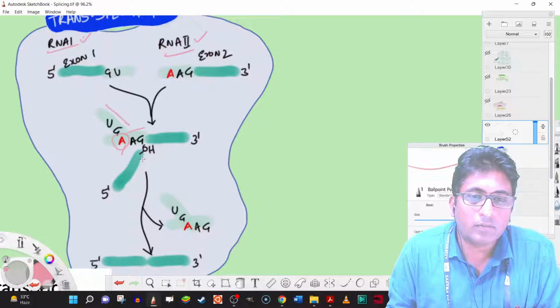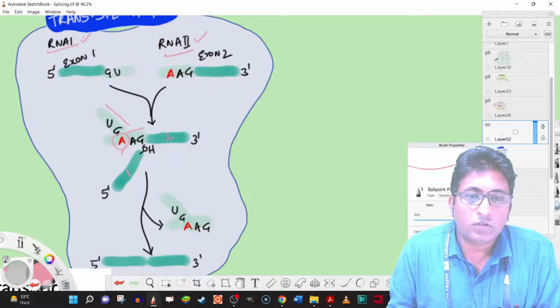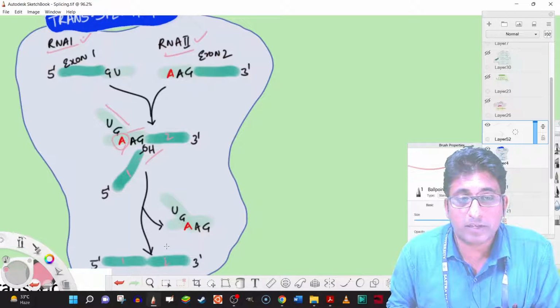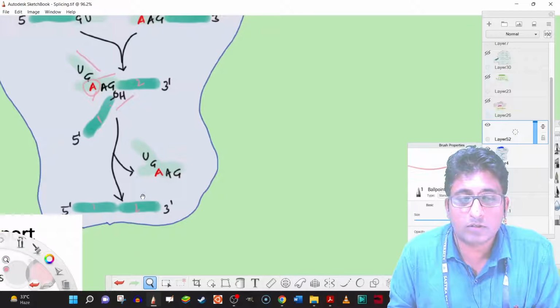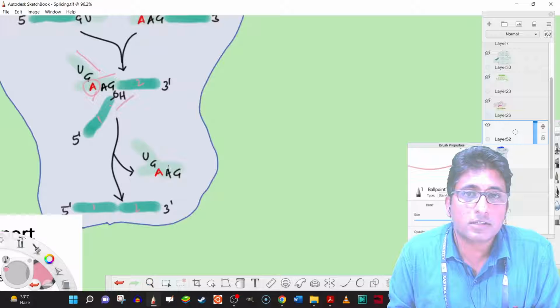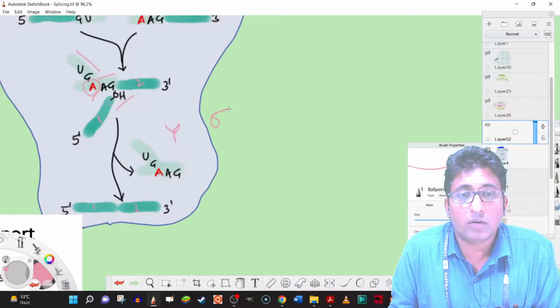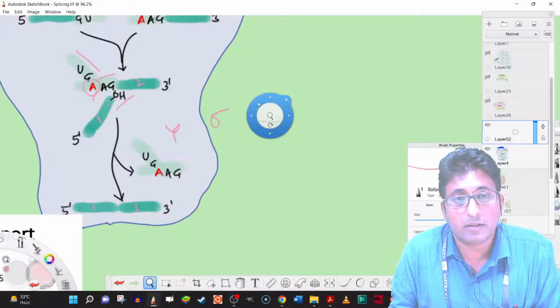And now the splicing between exon 1 and exon 2 would occur, and then we have the splicing of spliced exons. And the intron that is left out with the three-way junction would be something like a Y structure, as opposed to what would have been the lariat structure in the other cases.